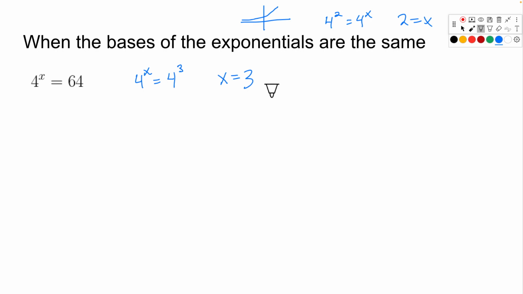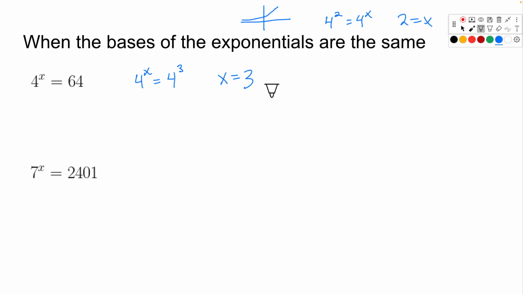You may not recognize some of these numbers right off because we didn't memorize an exponential chart. We memorized maybe multiplication tables up to 10 or 12, but we didn't memorize exponential charts. Like this one, I have no clue, but if it's going to work, 2,401 has to be 7 to some power, right?